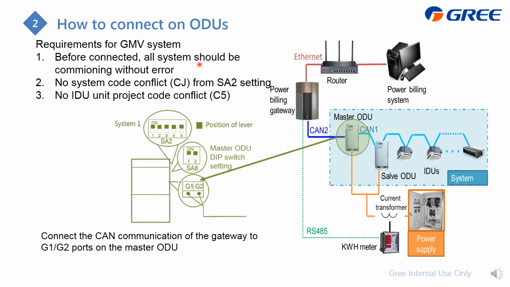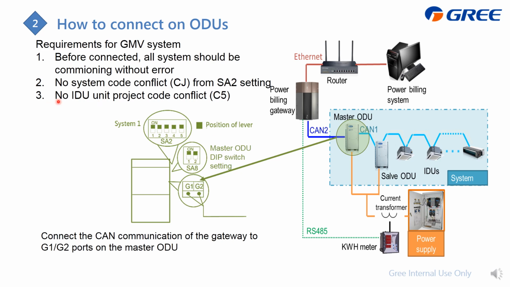Here is the requirement for how to do the wiring on the outdoor unit. For the GMA system, we require that before you connect to the gateway, every system should be commissioned and also without error. Our requirement is that there's no code conflict on the SA2, which means the SA2 setting on the master outdoor units should be different.